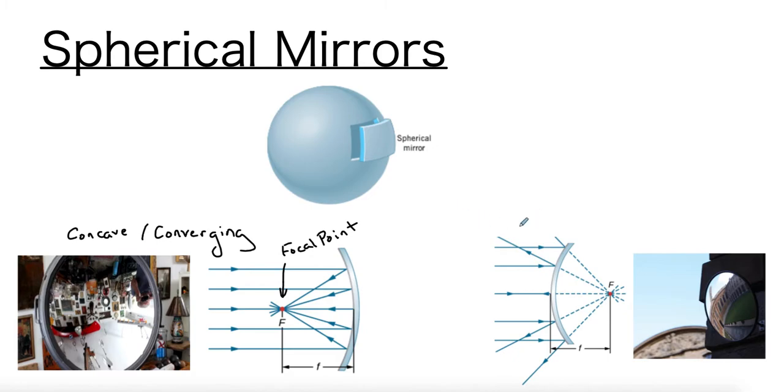On the other hand, over here we have our convex, or diverging mirror. What happens here is as the light goes towards the outside of this shell, the outside is reflective, you can think of it as this part, all the rays are reflected outwards.